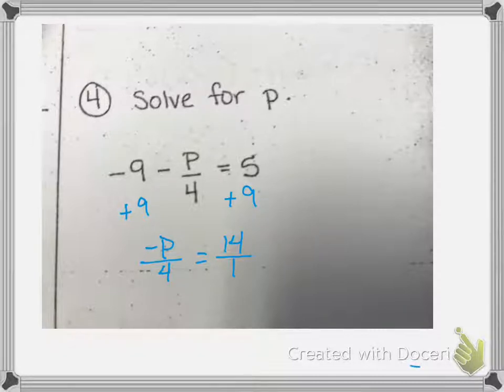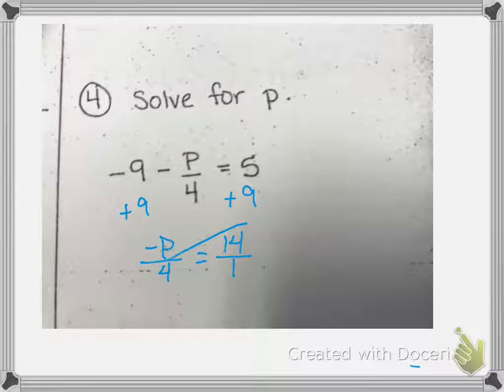Now, there's two ways we can do this. We can either multiply both sides by 4 and then divide by -1, or we can do the butterfly. We can cross multiply. So that's what we're going to do this time.